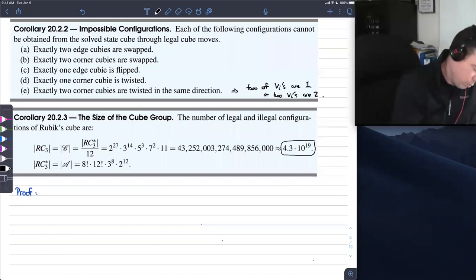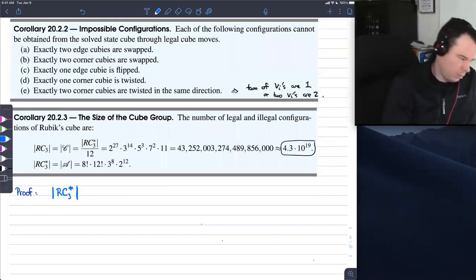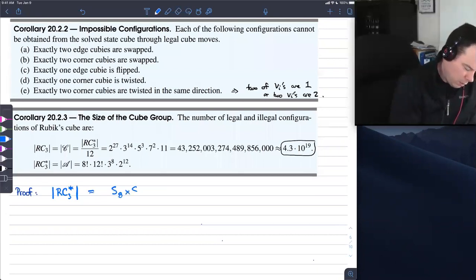So how are we going to prove this? The first thing we're going to do is observe that the illegal cube group is easier to count, because the illegal cube group is just S8 cross S12 cross Z3 to the 8 cross Z2 to the 12.